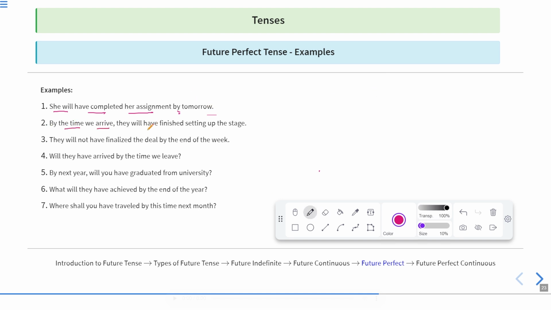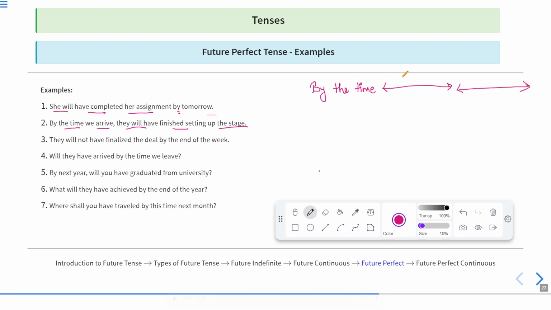By the time we arrive, they will have finished setting up the stage. Now, by the time is actually the phrase. This is very, very important in perfect tense. Now, as I told you, the rule of the by the time expression in past perfect tense, here in the future perfect tense also, we can have this situation.